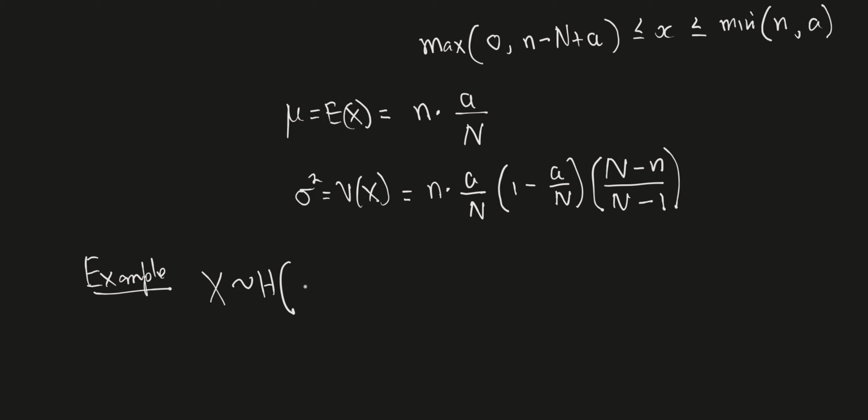So let's say we have a population that consists of 25 objects or elements or people, and we are going to sample, let's say 10, and 5 of them represent success, right?